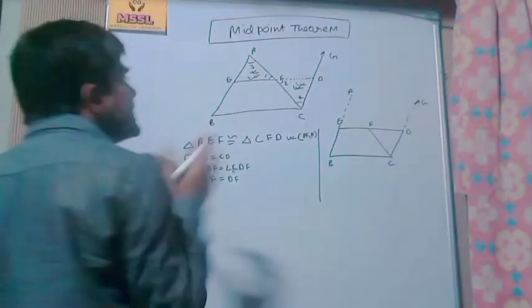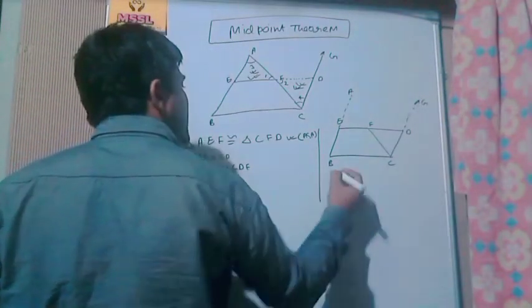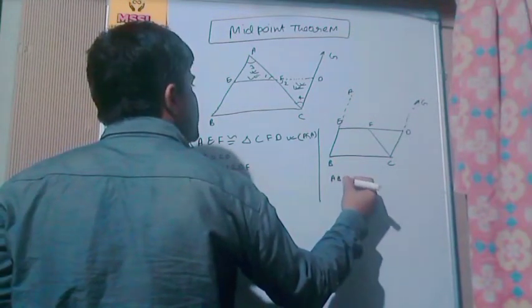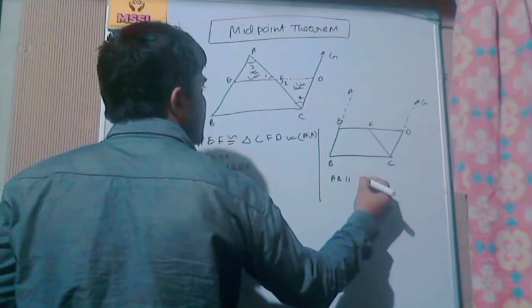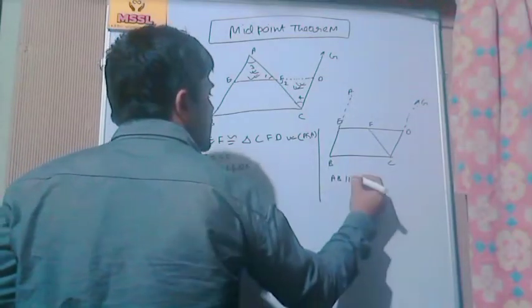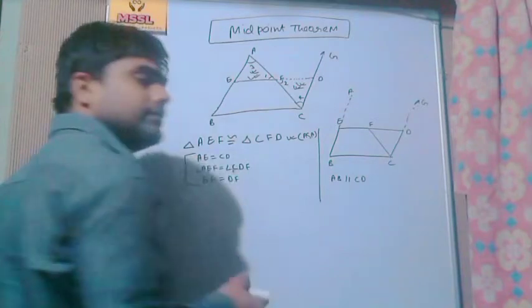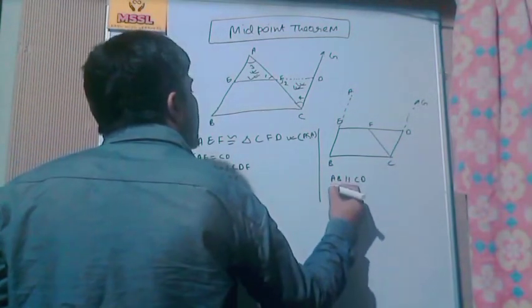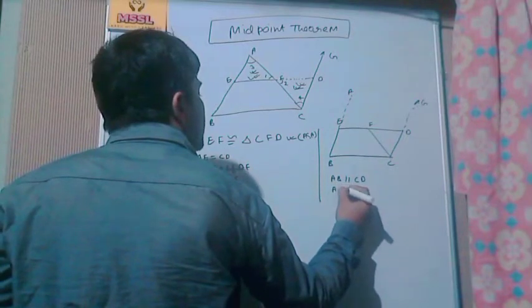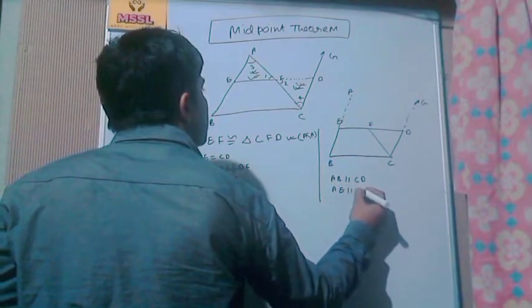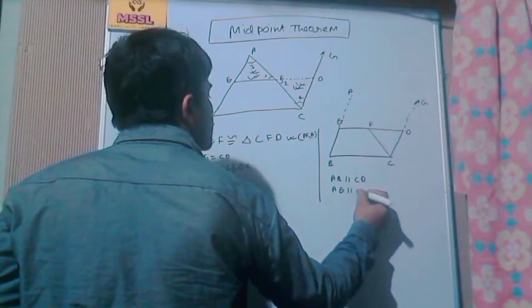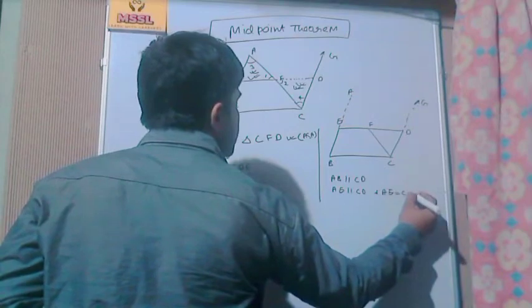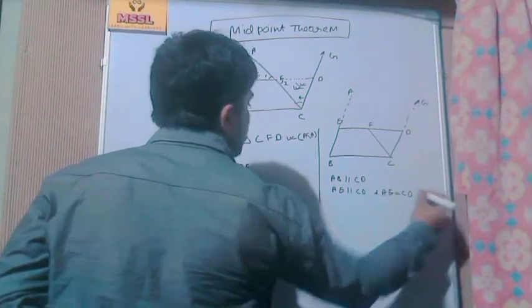Since AB is parallel to CD, and also we have proved that AE is parallel to CD, and AE equals CD also. Just mark it one.